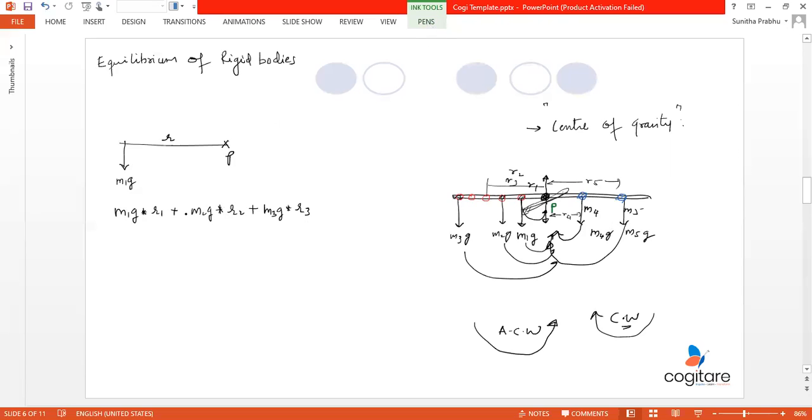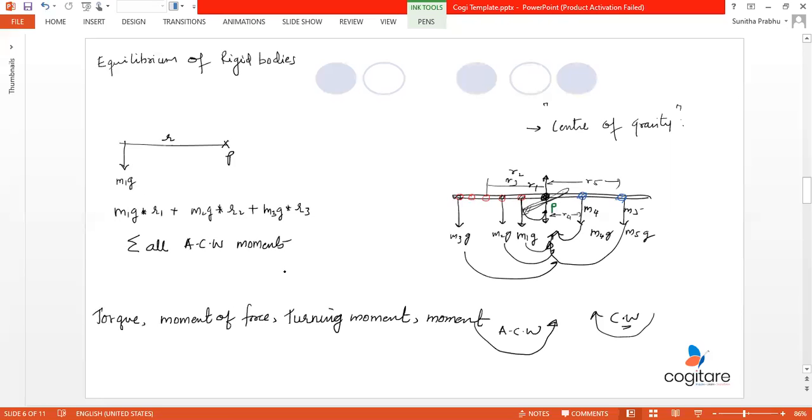No problem. M3 into g into R3. That means you're taking the sum of all anti-clockwise moments. This force into distance is called, there are three names, you can call it torque, moment of force, turning moment, or simply moment.